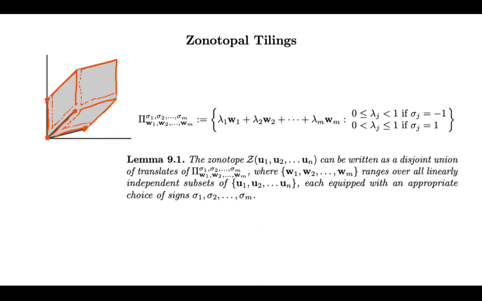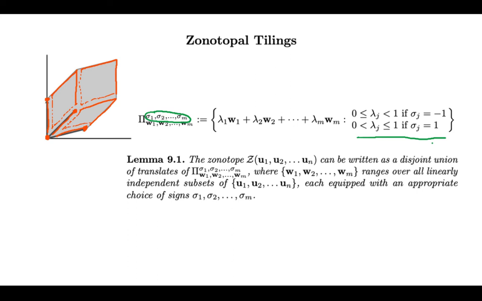The notation is a little bit hard to parse. These sigma sub j up on top are simply signs, and those signs tell you, if you want, in which way my parallelepiped is half-open.